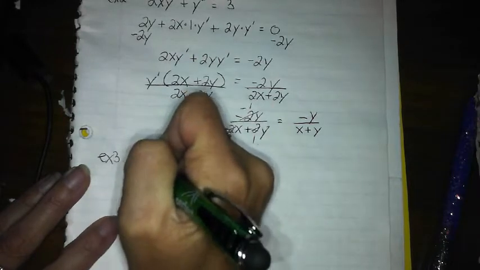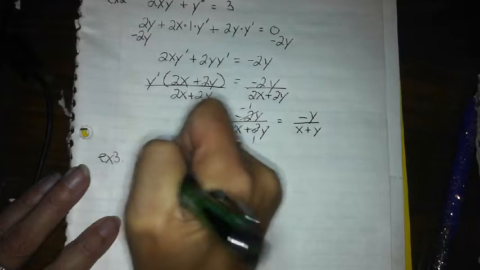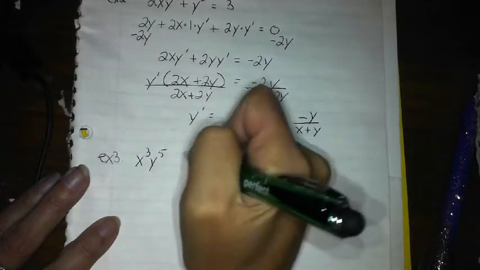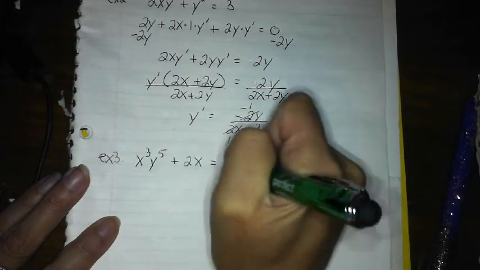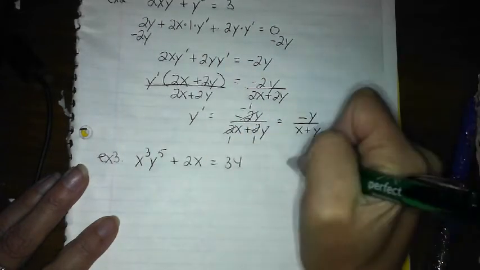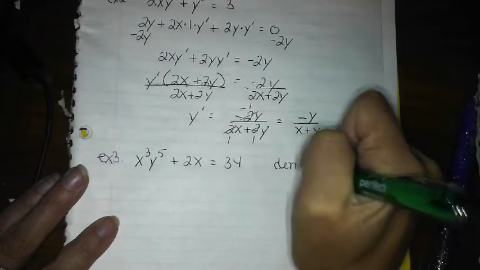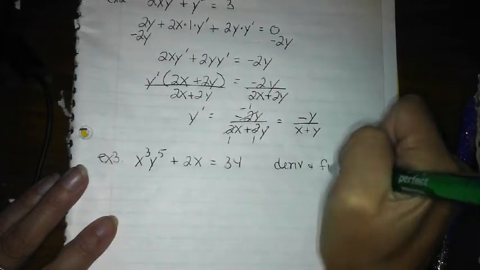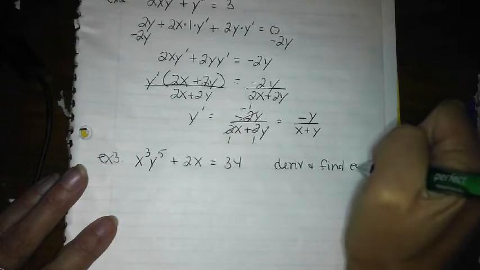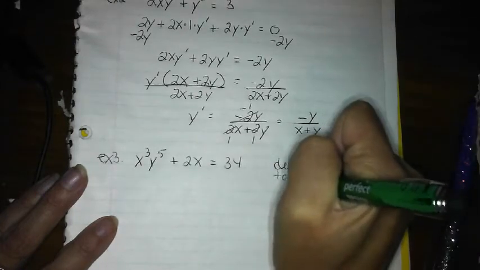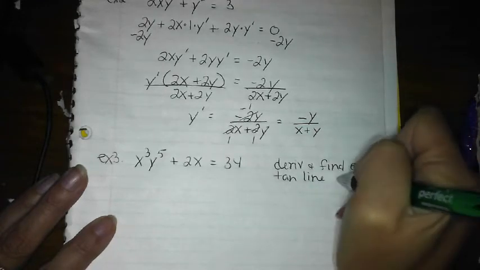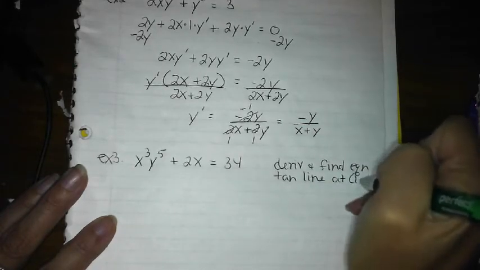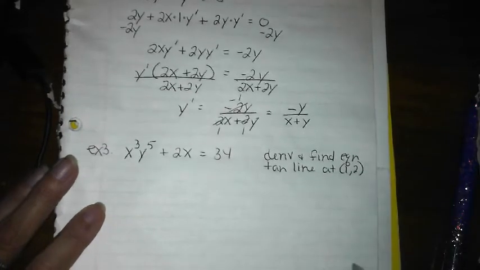We haven't done that in a while. So our equation is x cubed y to the 5th plus 2x equals 34, at the point (1, 2).